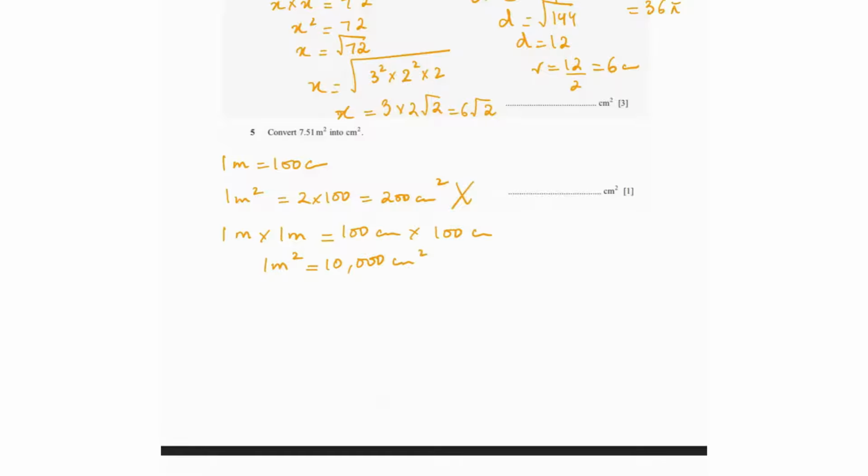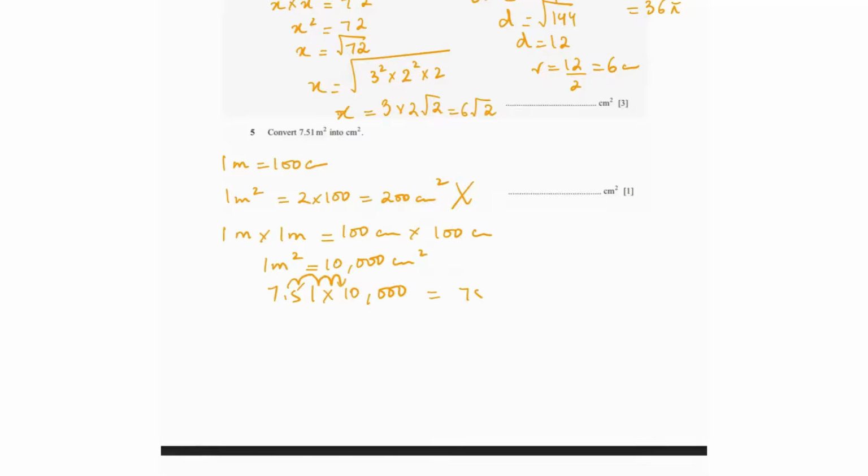You multiply the 100 by the 100 because it's meter squared. So meter times meter is meter squared, and centimeters times centimeters is going to be centimeter squared. So 7.51 times 10,000 means that we're moving the decimal 4 places to the right.